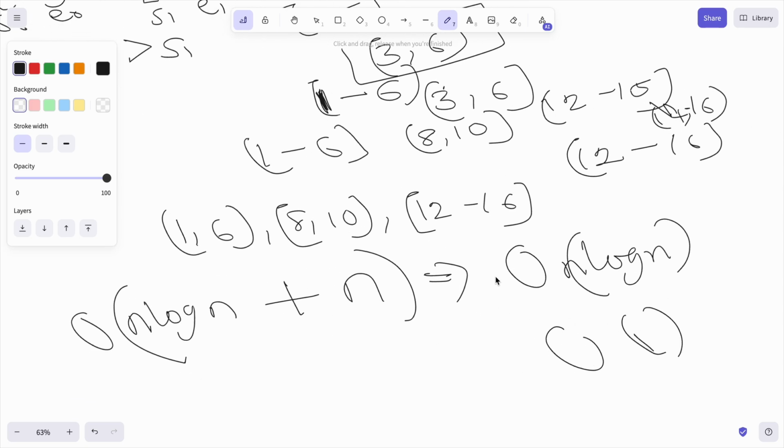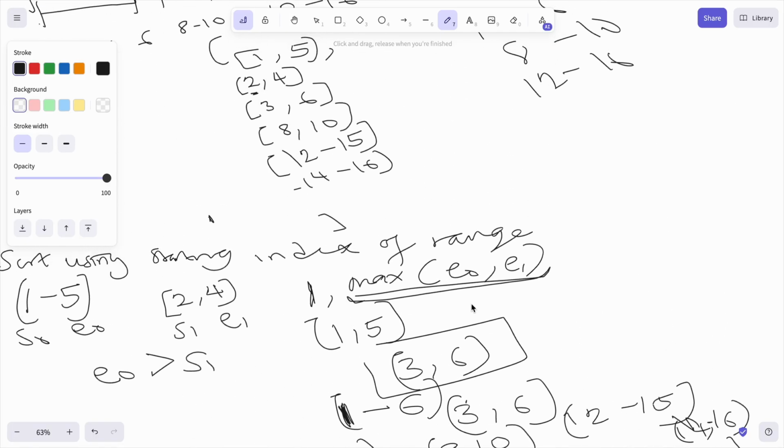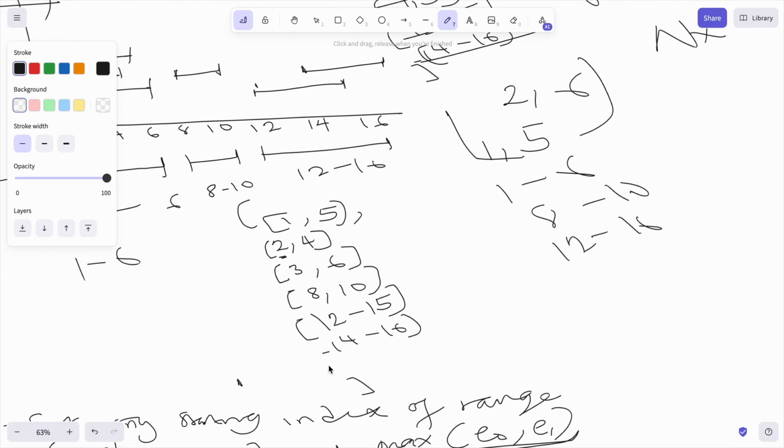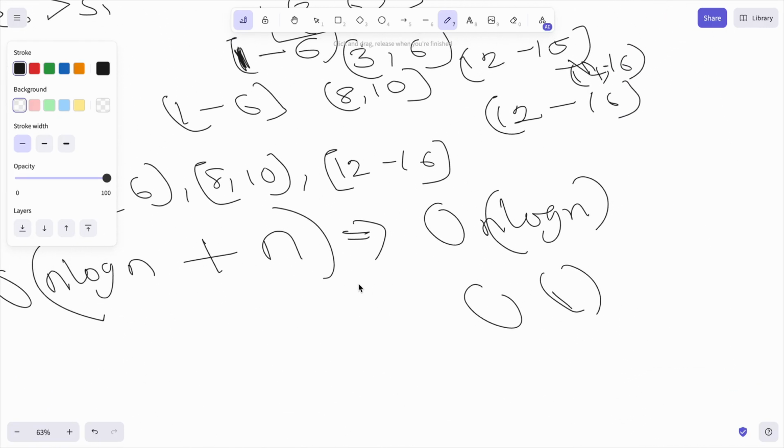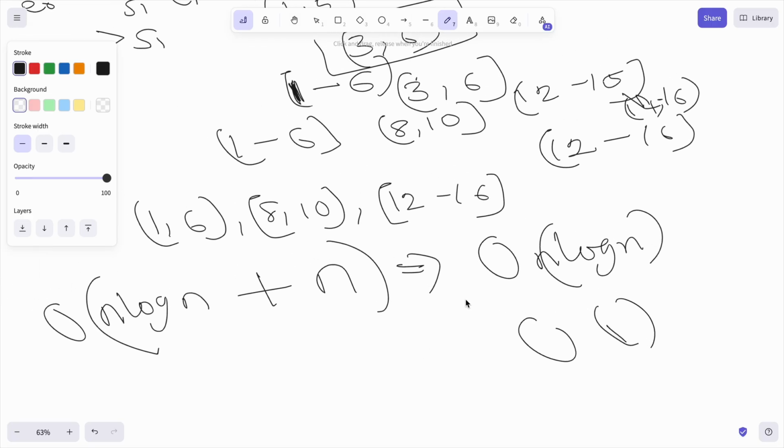But depending on the programming language you use, the sorting might require some extra space. Merge sort might require extra space, in which case space complexity is O of n. But time complexity is remarkably improved.